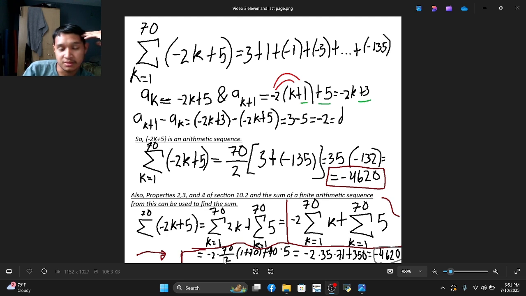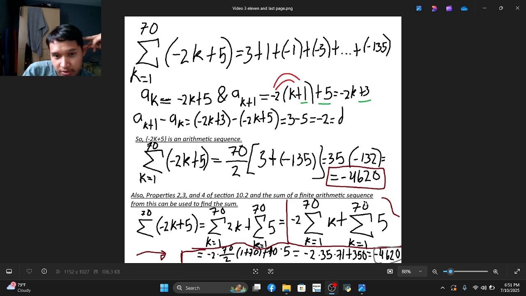70 divided by 2 times negative 2, times (1 plus 70), plus 7 times 5. This is the other one.